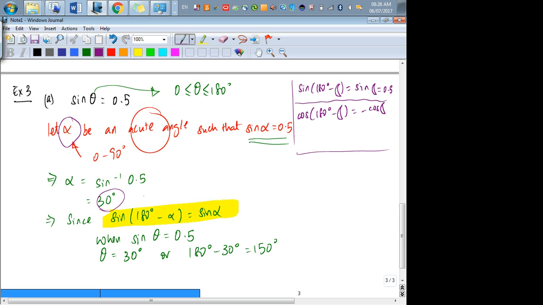We need to find the other angle because we said that there are two of them. And the other angle is given by 180 degrees minus whatever you found earlier on, which in this case is 30. So the other angle will be 180 degrees minus 30, you get 150 degrees. Okay? Now, go home, go and look through the rest of example 3 and re-watch this video again.